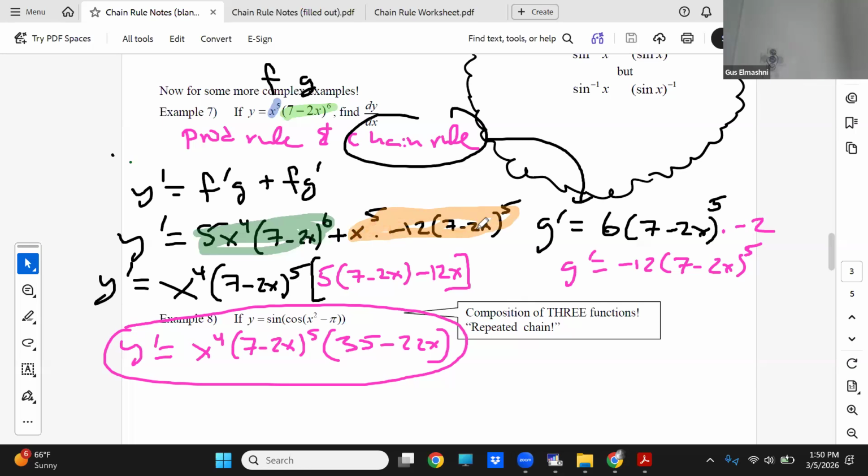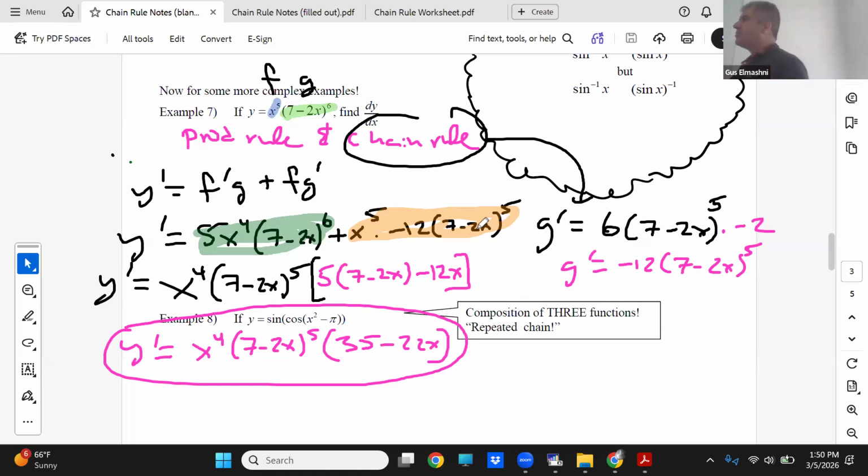What does that have in common? 7 minus 2x to the 5th. So all that crazy factoring we made you do last year or in middle school, now you know why we care about that. Because we want to make sure you are comfortable with the factoring process. So you have these crazy polynomials happening here, but we factor out from both of these groups. There's two groups plus in the middle, right? And then inside the brackets, there's a 5 times 7 minus 2x left over, and there's a negative 12x left over. And if you clean it up, you get that.